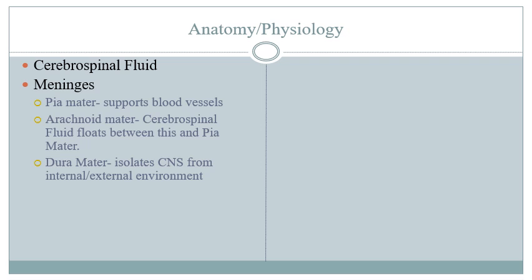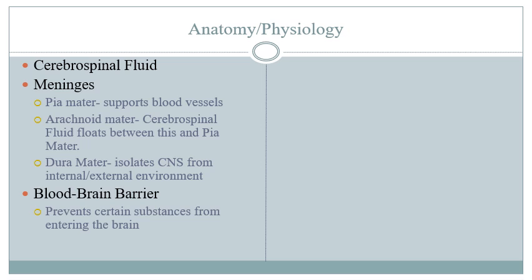Then you have the arachnoid mater, which is where the cerebrospinal fluid floats, and it's the middle layer between the two. And then you have the dura mater, which isolates and protects the central nervous system from the internal and external environment, and that's the most superficial layer of the meninges.